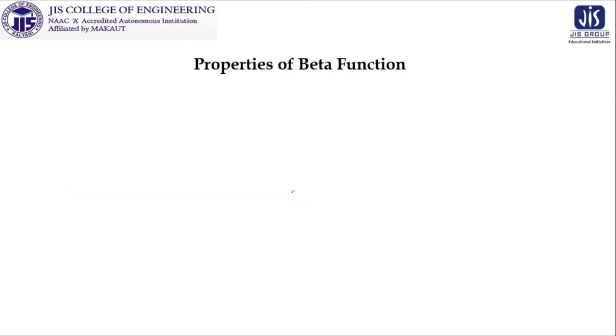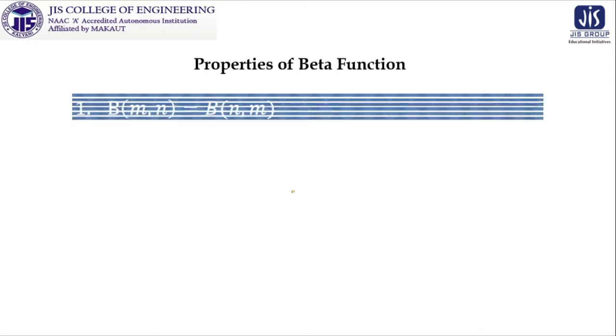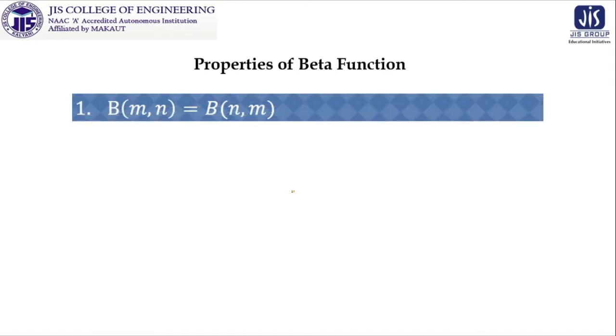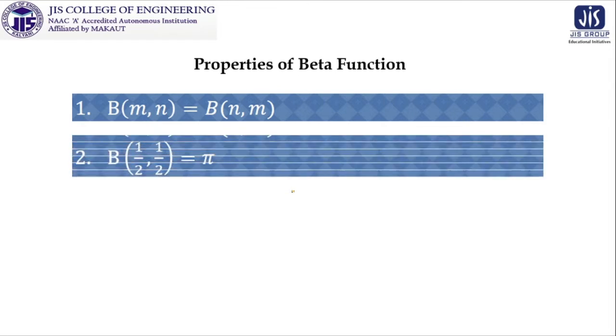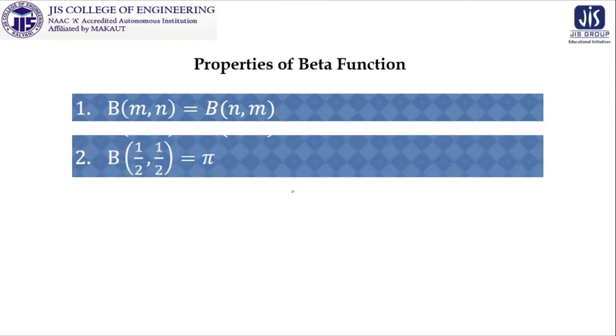Now we are already introduced to these properties: beta function is symmetric with respect to its parameters m and n, so beta(m, n) is equal to beta(n, m). The proof was already discussed in the class where the introduction of beta function and gamma function was placed. Next, this property was also proved by the basic definition of beta function, that beta(1/2, 1/2) is equal to pi.